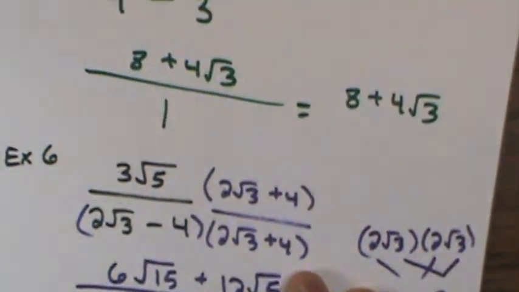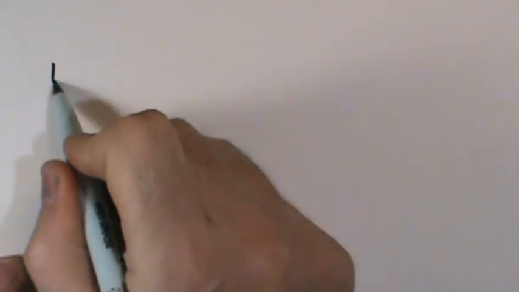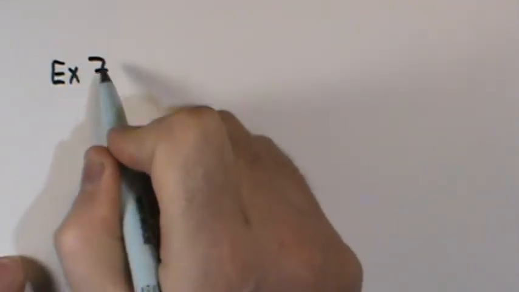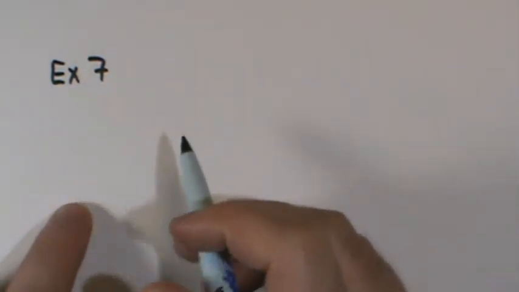Let's do one more example here, and then I think we'll be pretty good for using conjugates to rationalize denominators. So let's call this example 7. And let's do another one that has that rational and radical part.